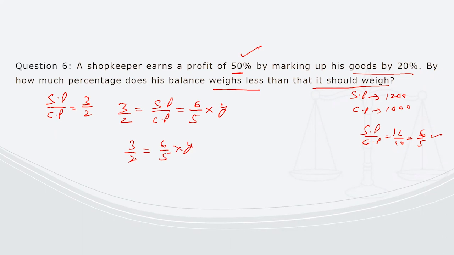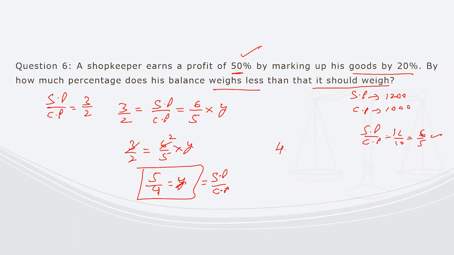What do we get? We will get 2 over here, and we will get 5/4 as the value of y. Value of y is 5/4. Now, the value of y corresponds to a ratio of selling price by cost price. That means he should be able to sell it at 5 rupees, wherein it should have cost him 4 rupees.